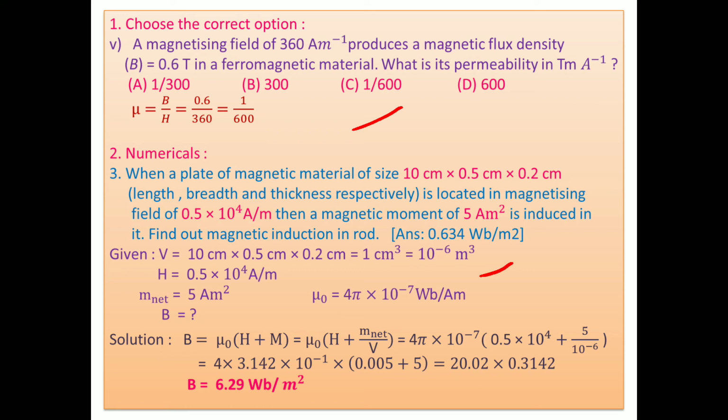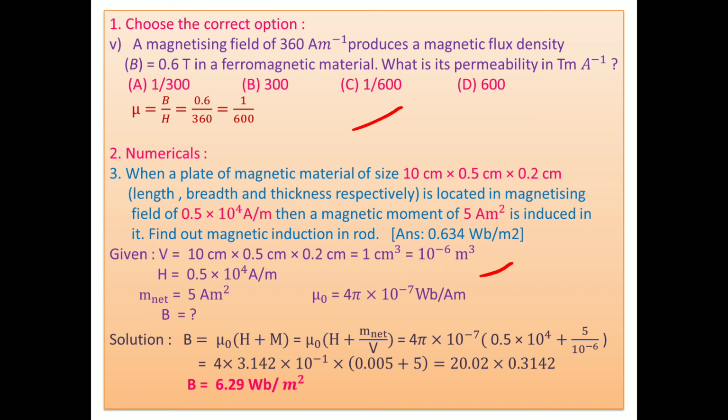Which formula do we use? B equals mu 0 (H plus M), or you can take mu 0 H plus mu 0 M. What is M? Magnetization: M is the net magnetic dipole moment divided by V, the volume. So 4 pi into 10 raised to minus 7 into 0.5 into 10 raised to 4, and here M net is given, 5 divided by 10 raised to minus 6.